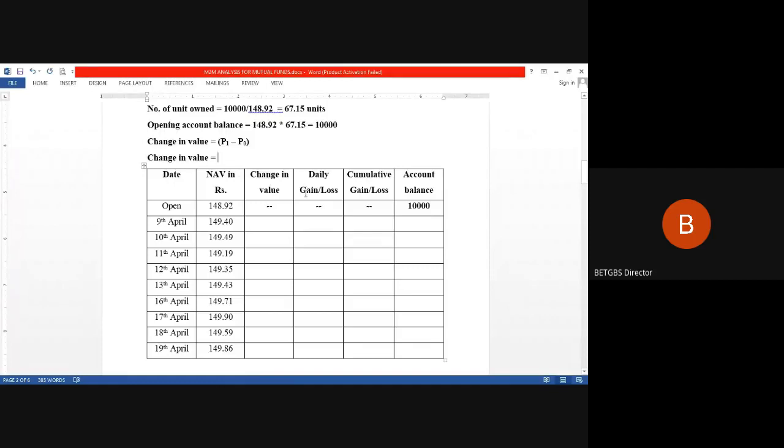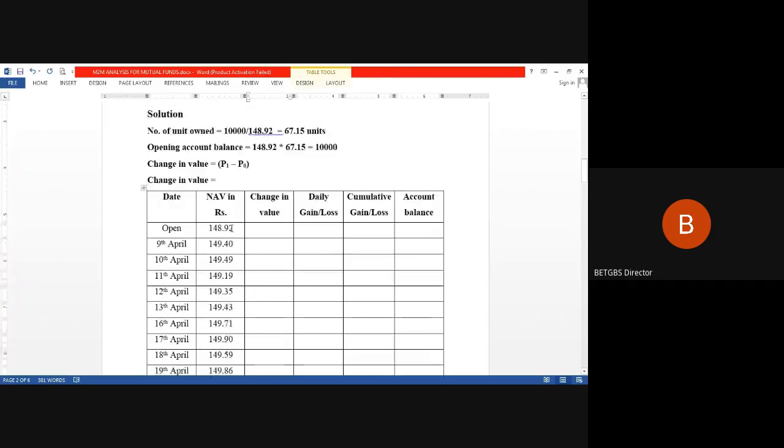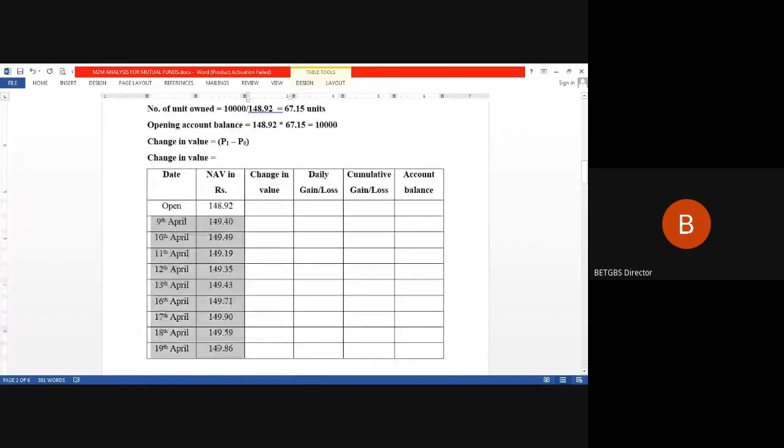Now we have to make a table for M2M analysis, and we will be given these dates or the days and the NAV price accordingly. So we have to insert these additional columns, like the change in value, daily gain and loss, cumulative gain and loss, and the account balance as such.